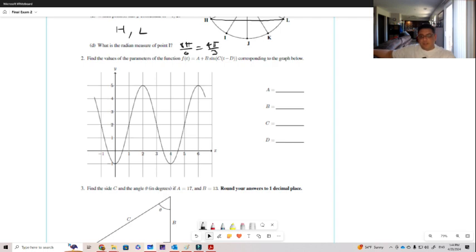So one of the good things to find is the midline. The midline is a, and you can see clearly that the midline is 2. Another way to see that it's 2 is just take the maximum and the minimum and divide by 2. So it's like 5 plus minus 1, which is 4, divided by 2, that'll be 2.